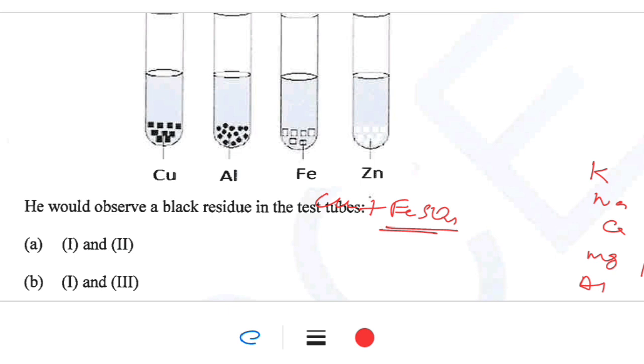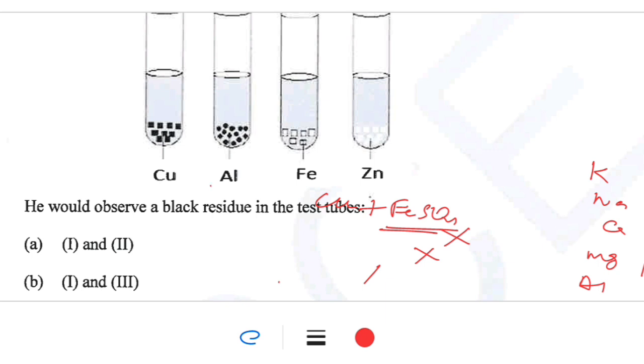Here if you look into the reactivity series, you are going to see copper is below iron. It is less reactive compared to iron, so it won't react with ferrous sulfate and convert it into copper sulfate. So no reaction is observed in this particular case.